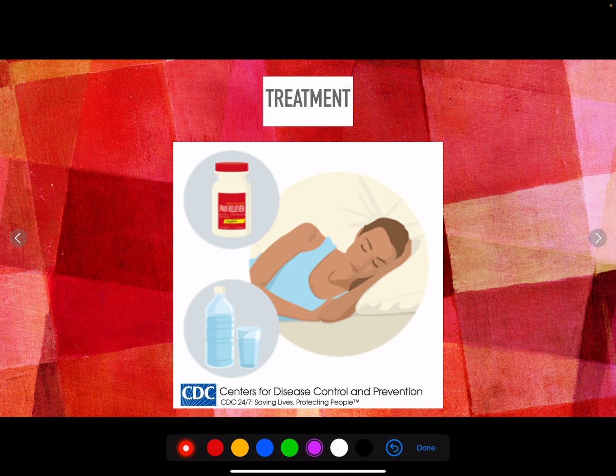So, unfortunately, there isn't any treatment for Zika virus. It does not have an antiviral or a vaccine or anything of that sort. I know right now they're doing some studies, trying to find different cures or vaccinations. The only thing people can actually treat is the symptoms.